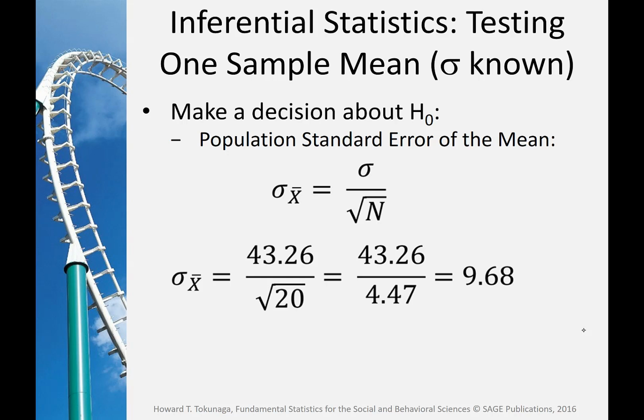So for this example, the variance in the population was 43 words per minute. But we can't expect to have the same variance in our sample because our sample is really small. So if we control for the sample size, we take the square root of n.